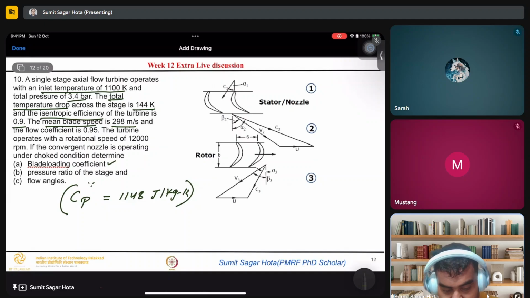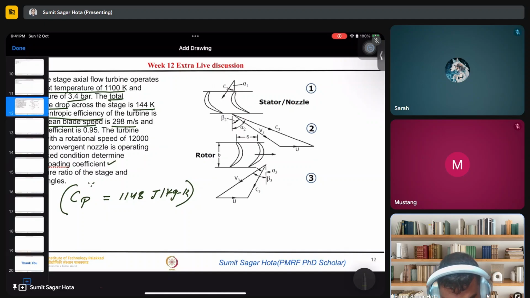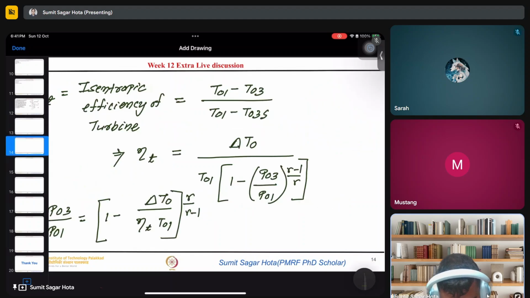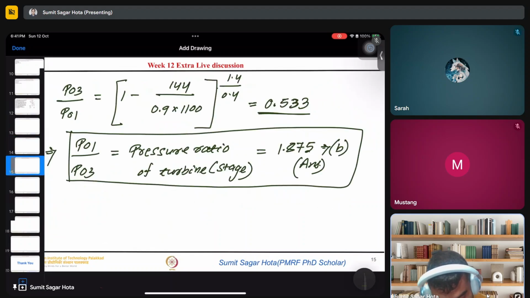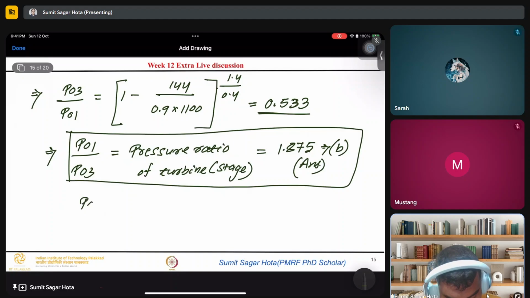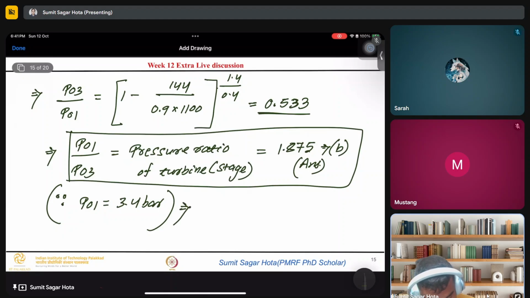That means P01 already given, 3.4 bar. Just substitute there in this ratio P01 by P03 and find out the P03 pressure. So P01 is equal to 3.4 bar. So P03 is equal to 1.813 bar.